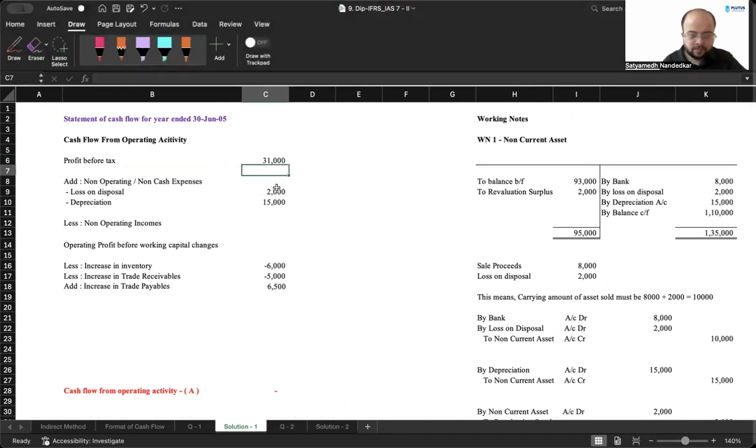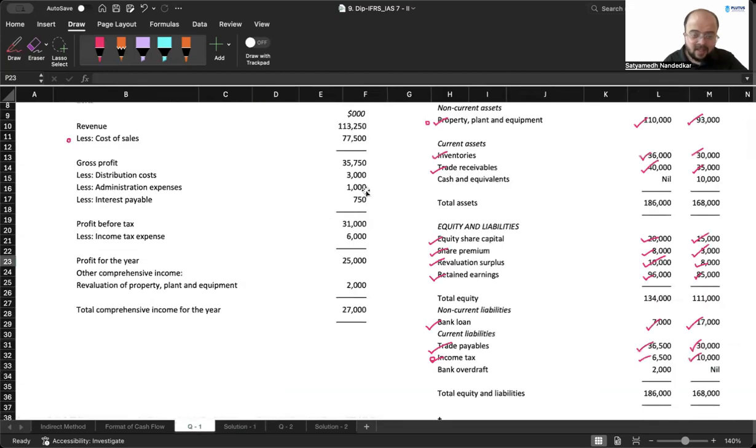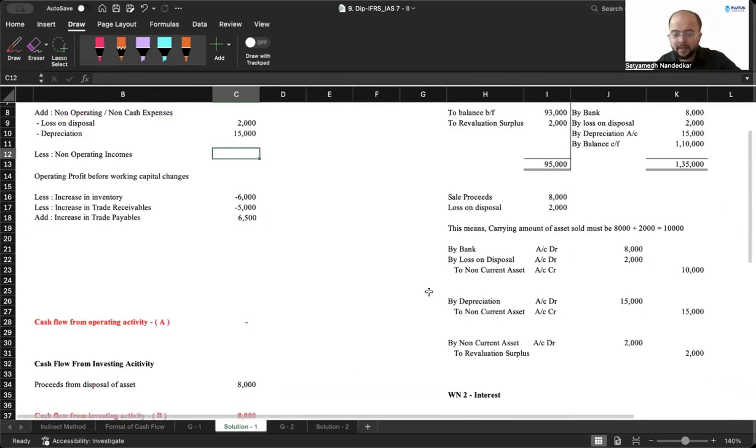Now loss on disposal ये सब हो गया. Now what you will get is, come here, interest payable 750, administration expense 1,000, distribution cost 3,000. Interest payable. Interest is an expense, but it is a non-operating expense. So all non-operating expenses have to be added back.